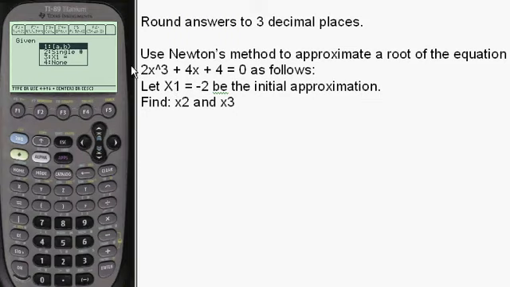And they're going to give you x1, so we're going to scroll here, number 3, and enter alpha, minus 2. You notice this minus sign here is an operator, and this is the actual minus sign.